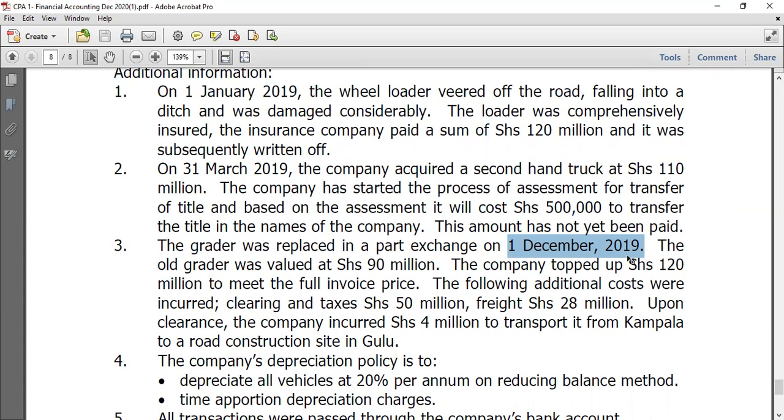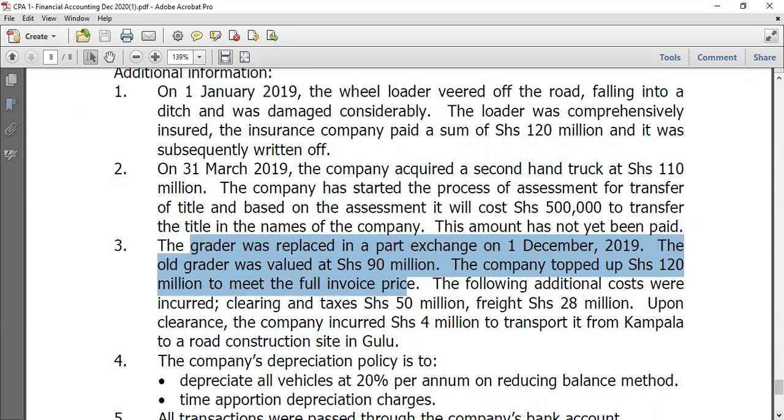And that portion of depreciation before disposing of the grader should also be part of our accumulated depreciation, okay? So make sure that you do that when you're doing your question right there, okay? So that is the only thing that you need to take into consideration.